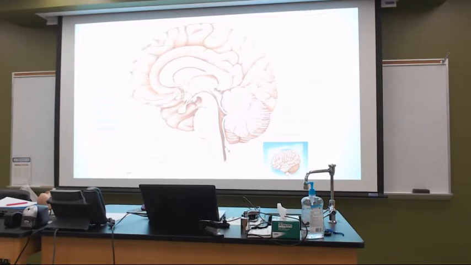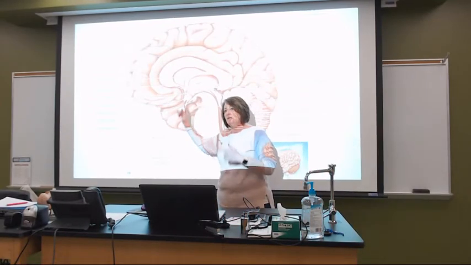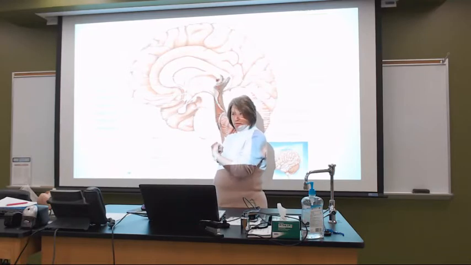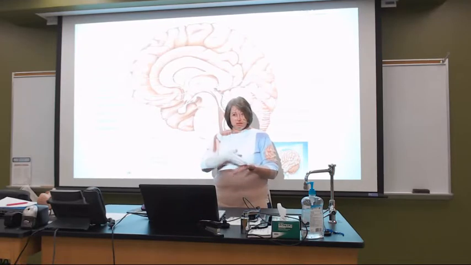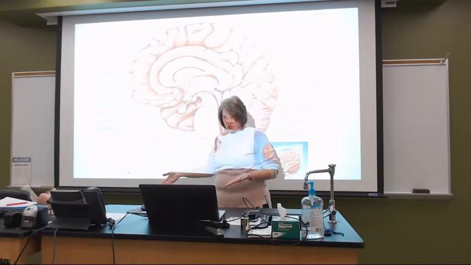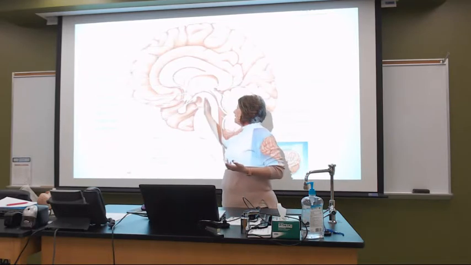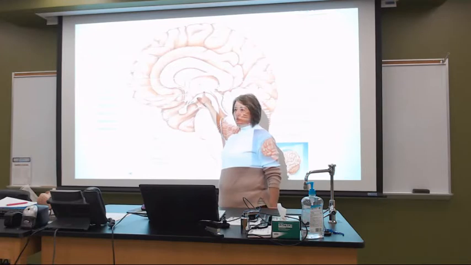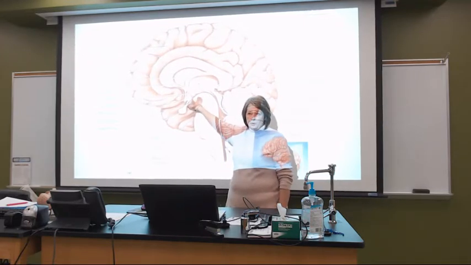Now, that means certain areas of my brain have been associated with certain sensory information. Now, in this area right here that looks like it's part of the W, that is my hypothalamus.